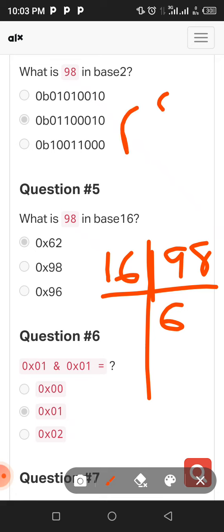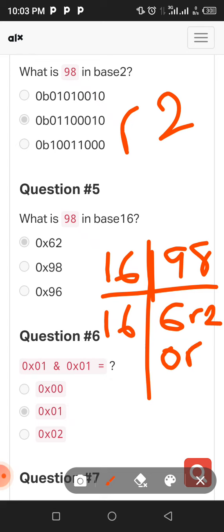Then 16 again: 16 goes into 6, it cannot, so we put 0, with the remainder 6 there.